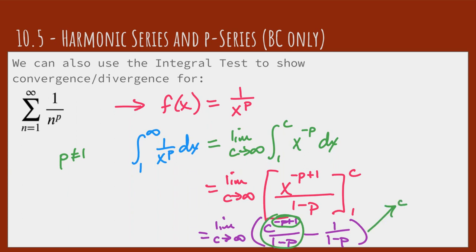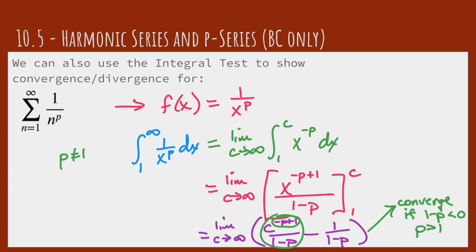So this will converge if 1 minus p is negative, which means that p is greater than 1. On the other hand, it will diverge if that is positive, meaning that p is less than 1.